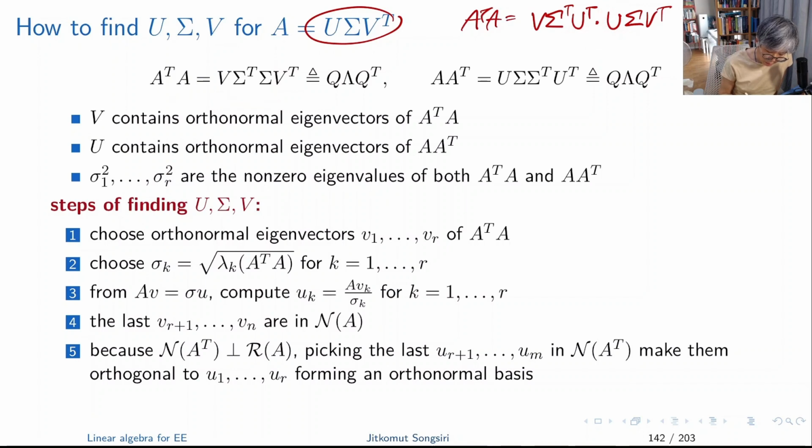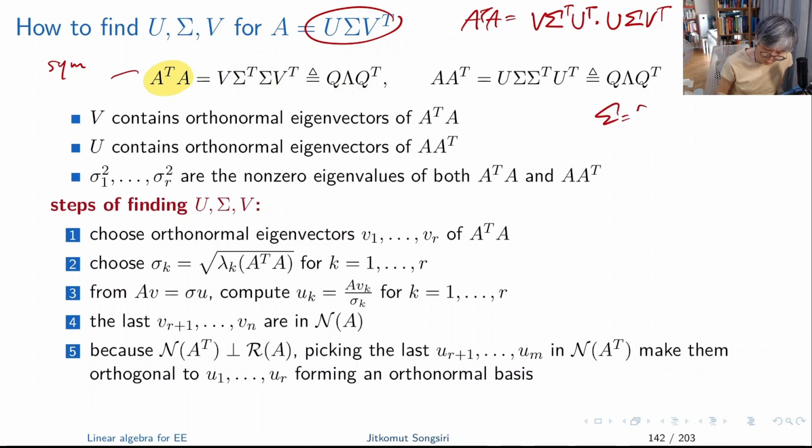Because the matrix A transpose A itself is symmetric, the eigenvalue decomposition of a symmetric matrix has to be in the form of Q lambda Q transpose, where Q has to be orthogonal. So in this particular result, we can claim that you can take V as the matrix Q, and sigma transpose sigma is just lambda.